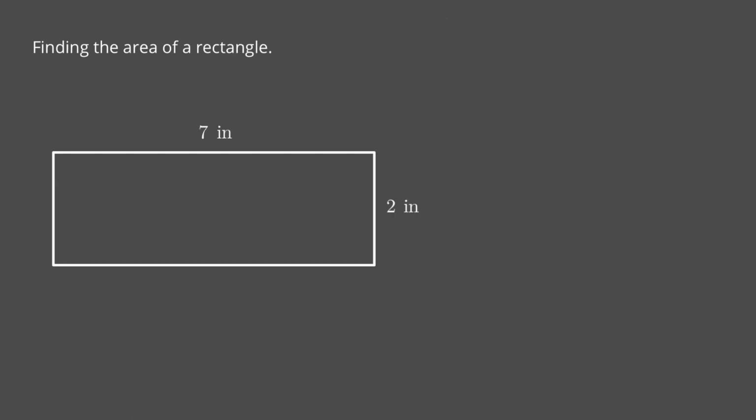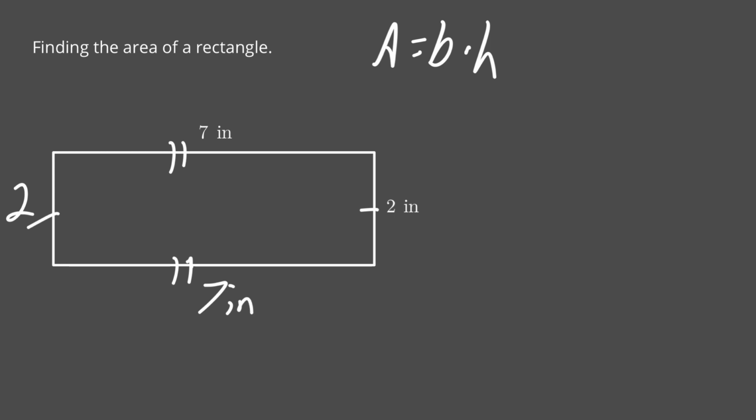To find the area of a rectangle, you're going to use the same formula. Area is equal to base times height. But in this case, the base and the height are different because rectangles have opposite but congruent sides. So in this case, the left and right side are 2 inches long, and the top and bottom are 7 inches long.